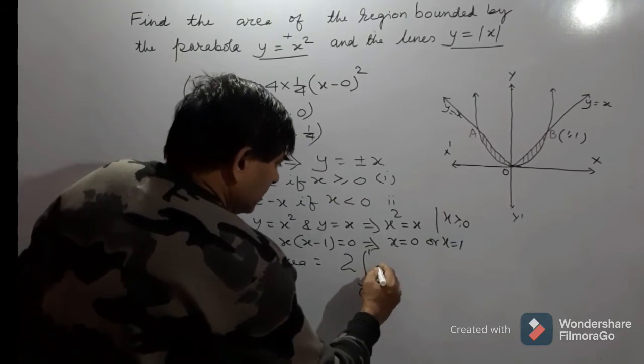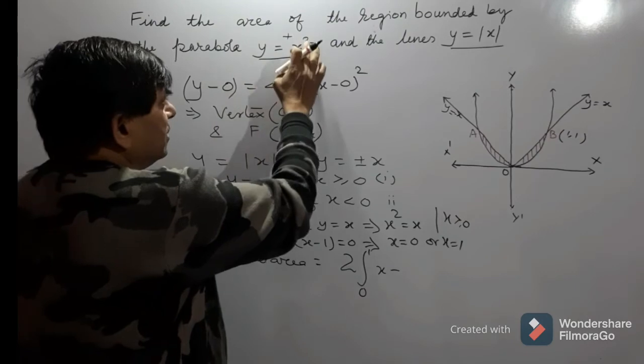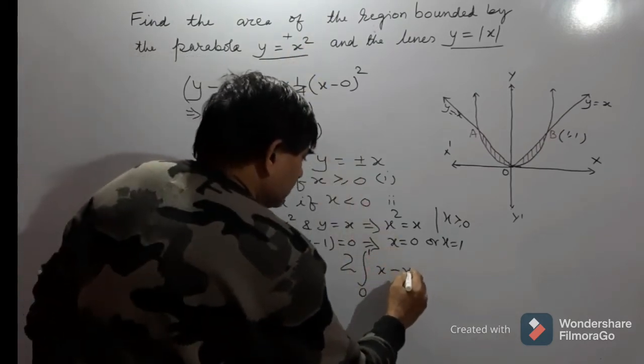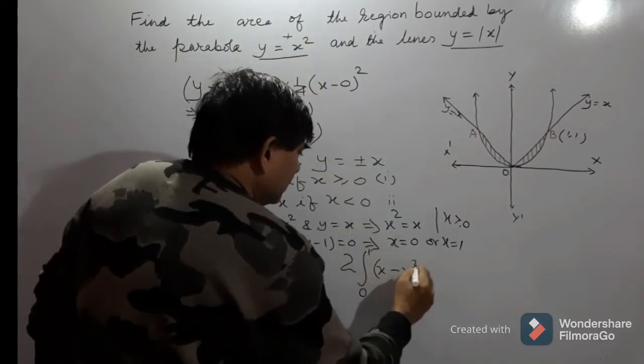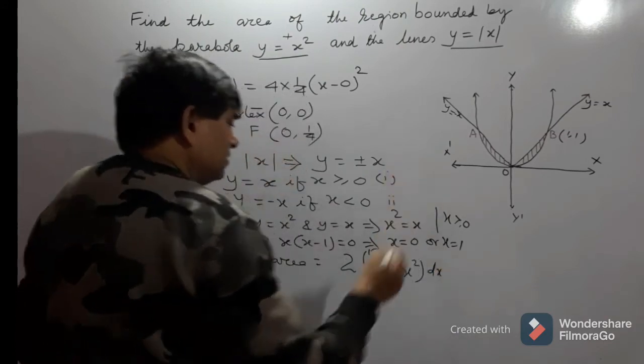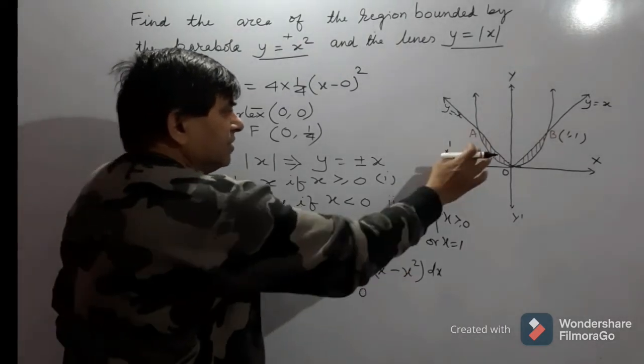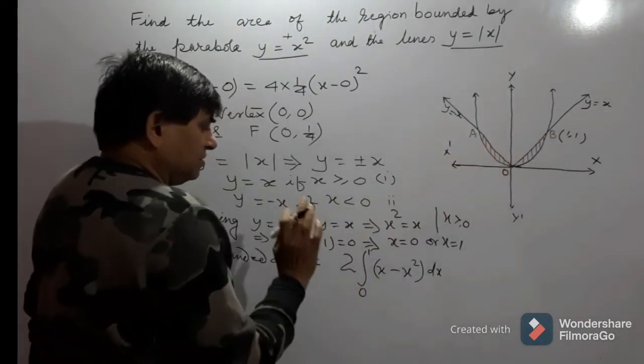So this is your x minus, second lower is y is equal to x square. This is your x square, and now this is dx. This is the integral, and this represents the bounded area, twice of this.